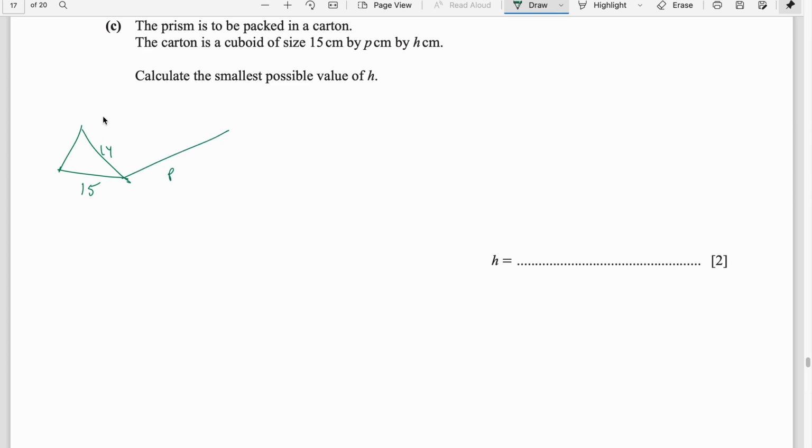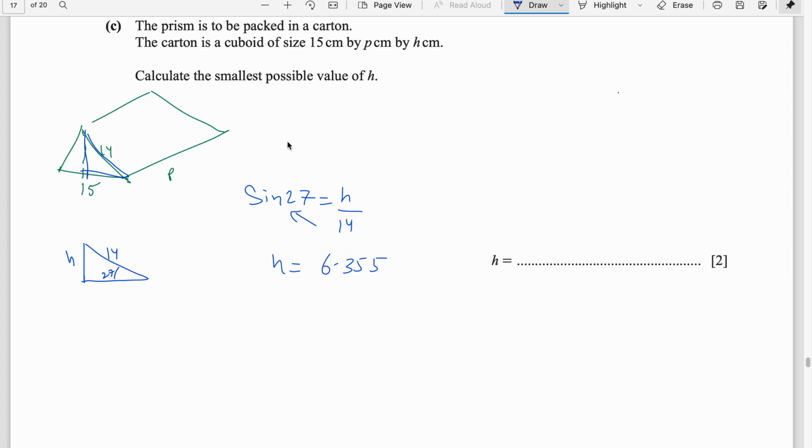This length was P and we need this height. So if I extract this triangle, this angle right here is 27. This length is 14 and this height is to be found. So sine of 27 is perpendicular over hypotenuse. H is equal to 6.355. So smallest possible height should be 6.36. So it could fit inside.